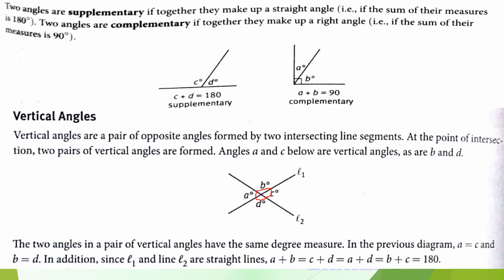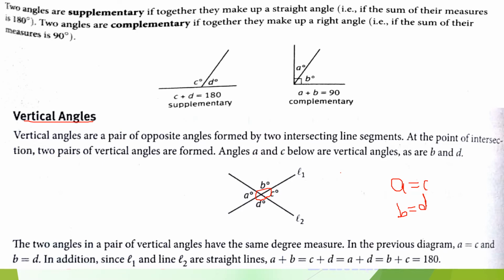So here you can tell that A is equal to C, and B is equal to D. Those two angles are the same. In vertical angles, A degree is equal to C degree and B degree is equal to D degree.